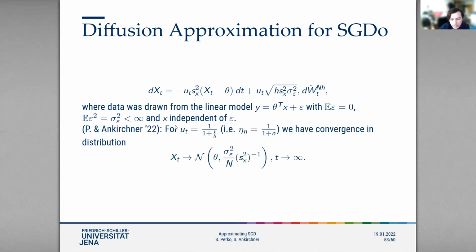Under this model, if we choose the learning rate schedule we've seen before, where the learning rate eta n is equal to h over 1 plus n, then we have convergence in distribution of the solution of this equation, where the limiting distribution has the same mean and the same variance as the ordinary least squares estimator. In that sense, we can already see that this diffusion approximation based on epoch Brownian motion makes sense.